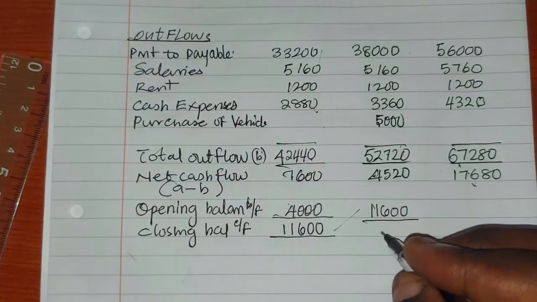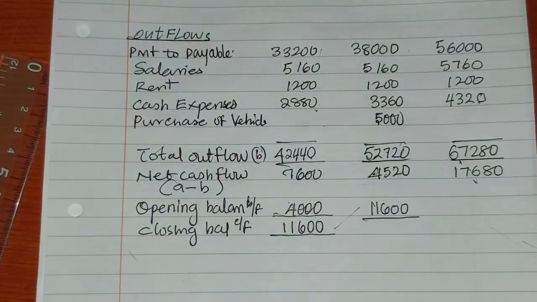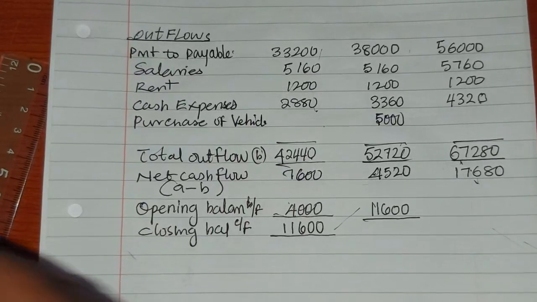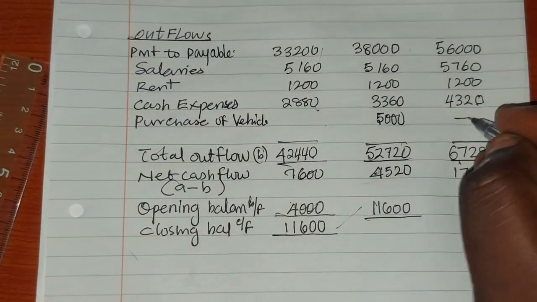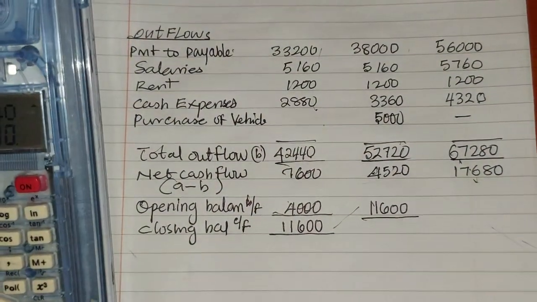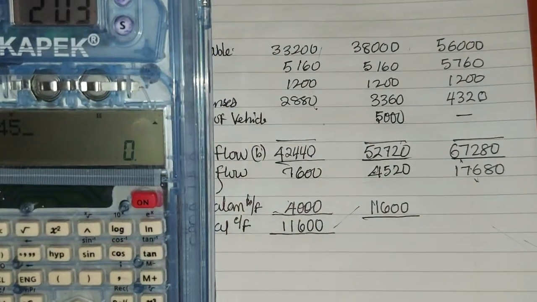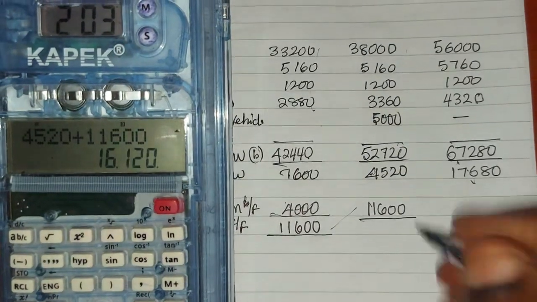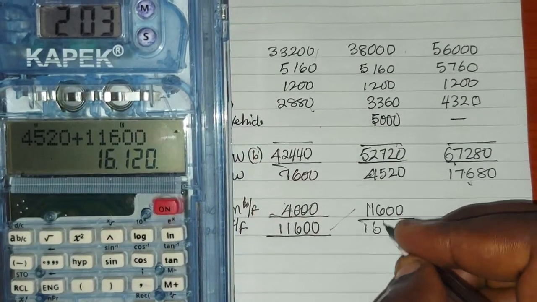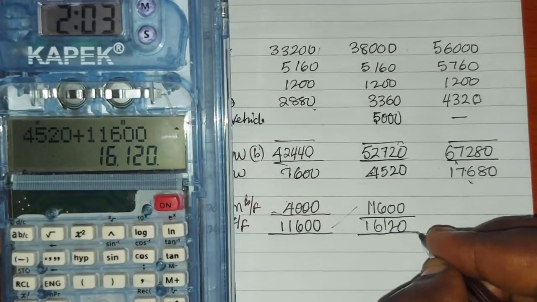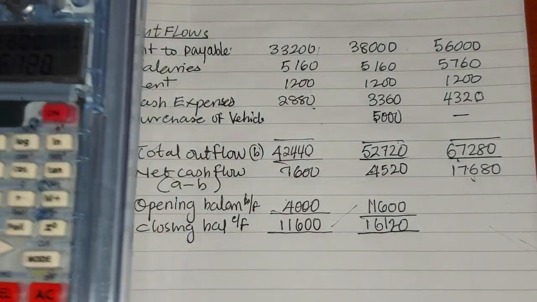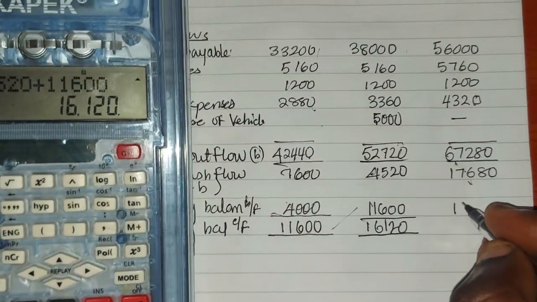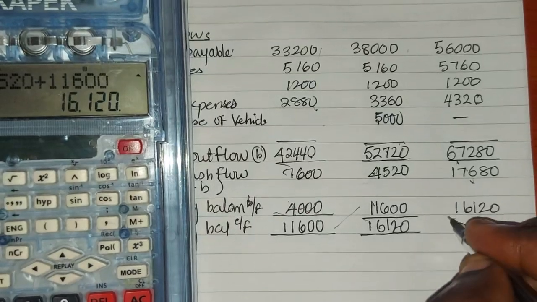So when you add this, let us add. That is 4520 plus 11600. So we have 1620. Then this goes to this 16120.